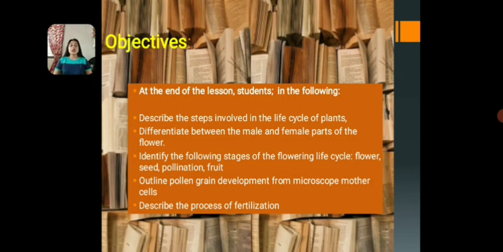At the end of the lesson, students should be able to describe the steps involved in the life cycle of plants, differentiate between the male and the female parts of the flower, identify the flowering stages of the flower, cell, pollination, and the fruit, outline pollen grain development from microspore mother cells, and describe the process of fertilization.